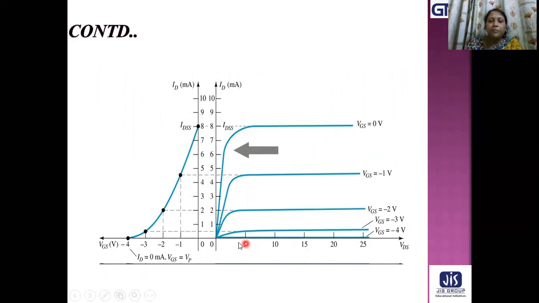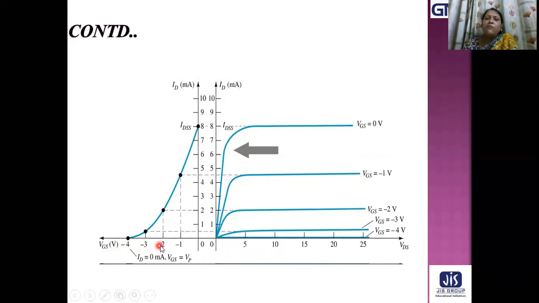Say when VDS is 5 volt, then say 0.5 milliampere current is flowing through the channel. Similarly, when VGS equals -3 volt, 0.5 milliampere current is flowing through the channel. So when VGS equals minus 3 volt and VDS equals 5 volt.